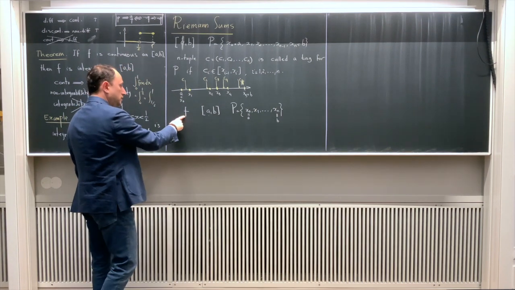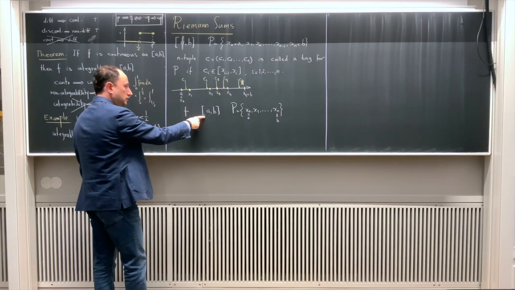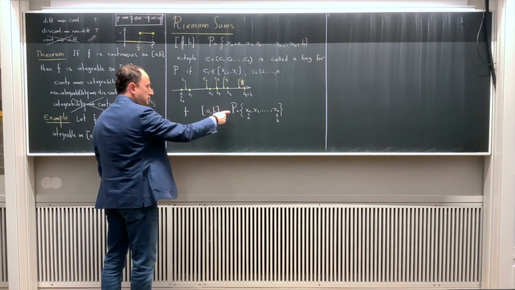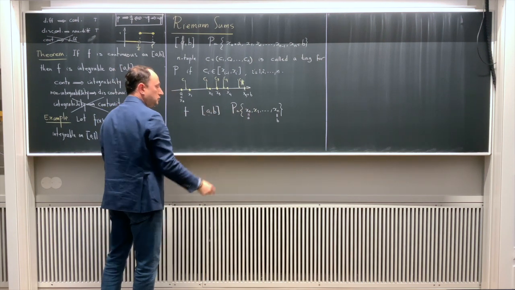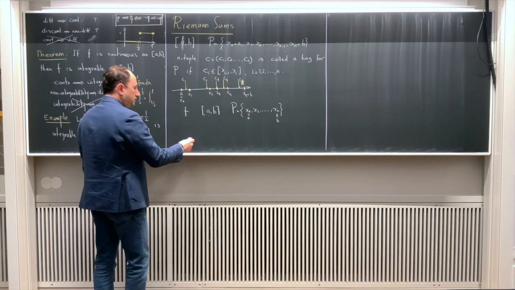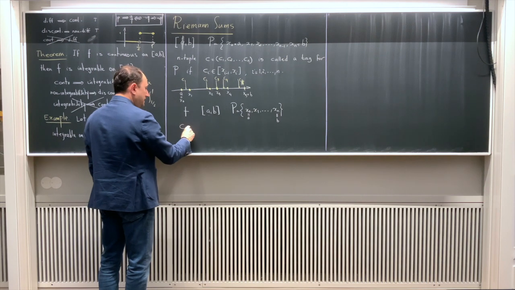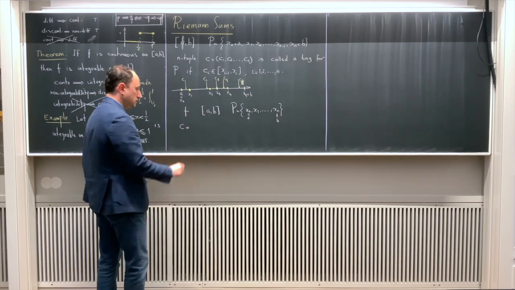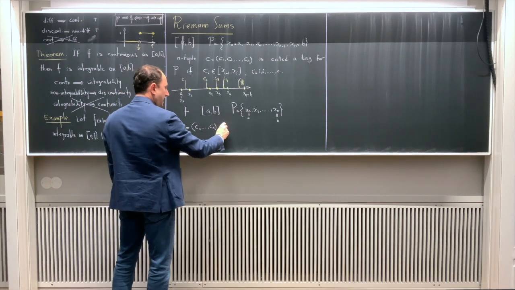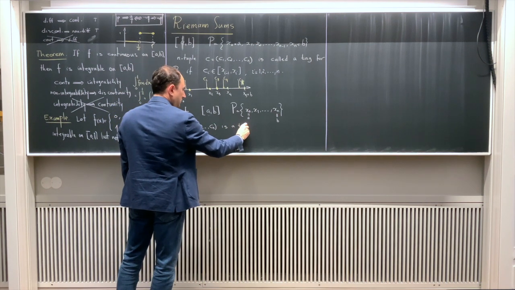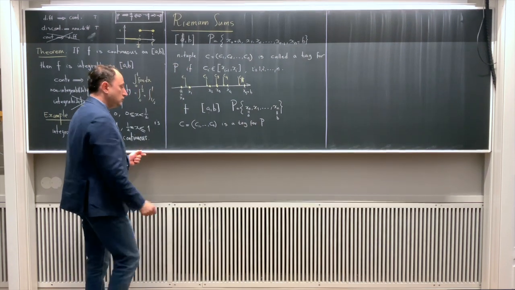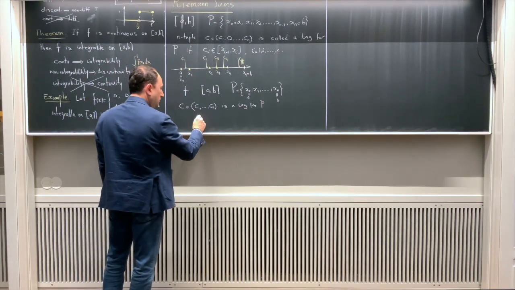So you have a function which is bounded on this closed interval, and then you have a partition for that closed interval, not necessarily regular, any arbitrary partition. And then you choose a tag for that, for example c1 up to cn is a tag for P. And then you set up this sum.